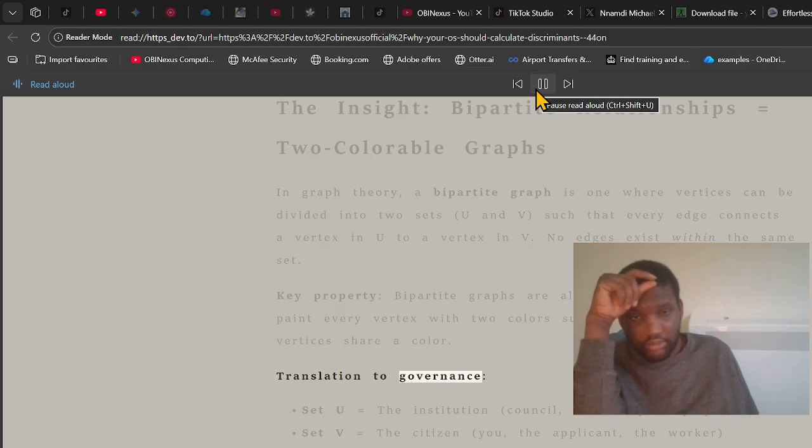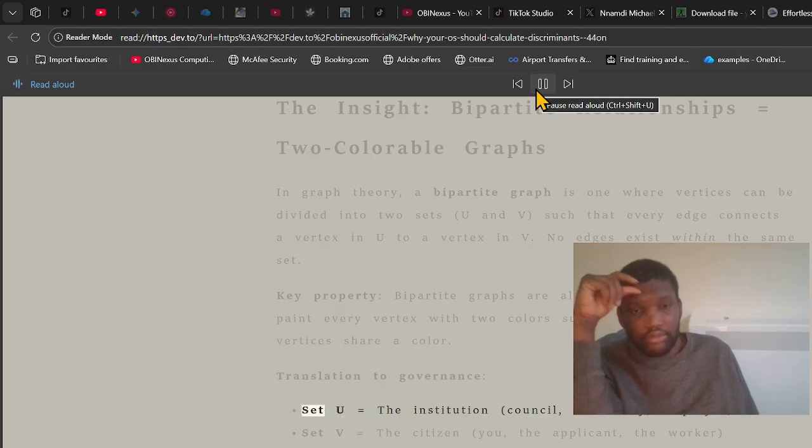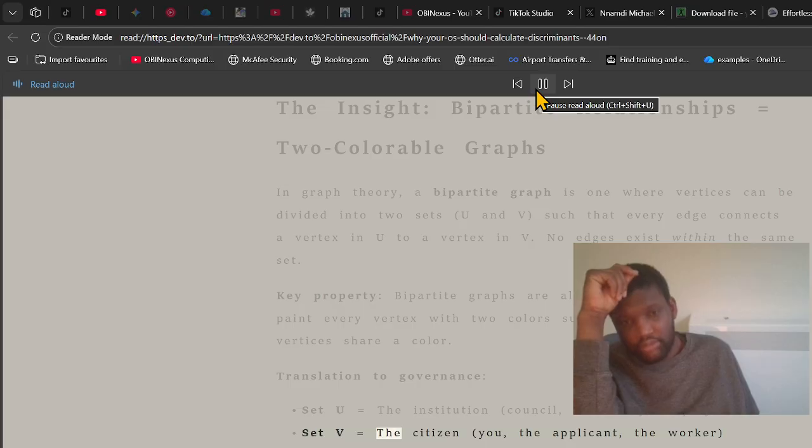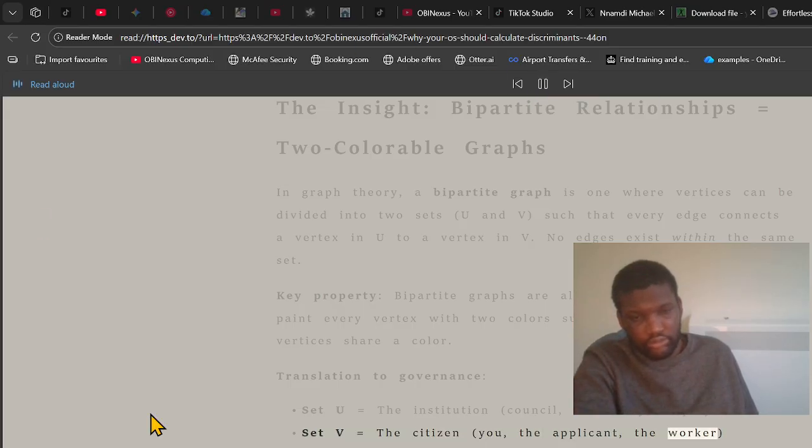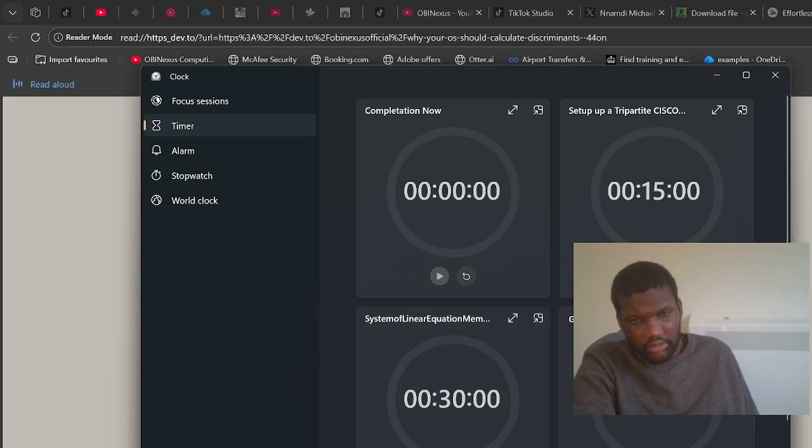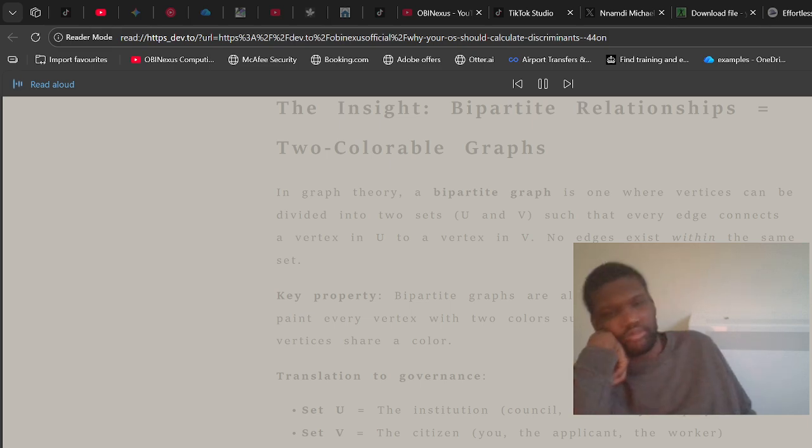Translation to governance. Set U equals the institution: council, university, employer. Set V equals the citizen, the applicant, the worker. Edges equal constitutional obligations: respond to requests, provide feedback, maintain records.